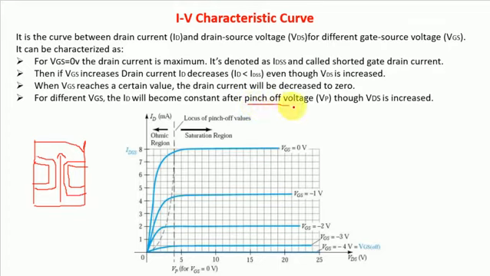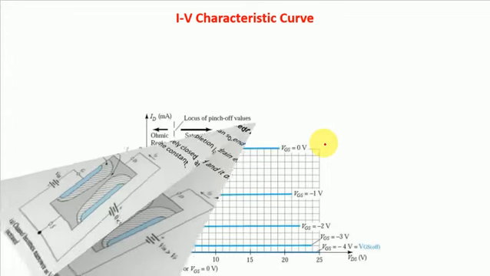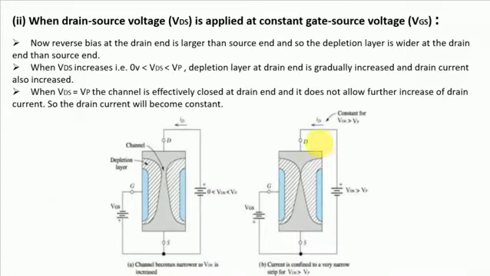In the previous session we discussed this pinch off voltage, the voltage at which the flow of current is completely interrupted by the depletion layers formed over the P regions.